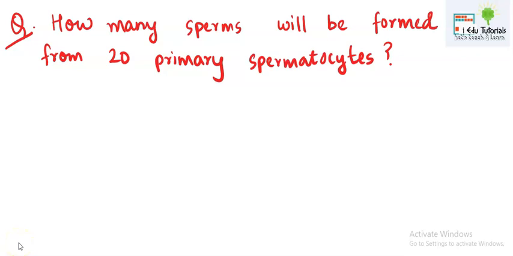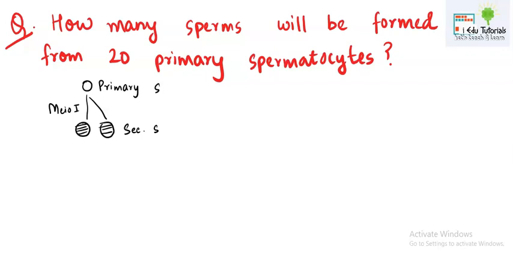Now in this question it has been asked how many sperms will be formed from 20 primary spermatocytes. So once again I am explaining the concept. You have taken one primary spermatocyte. It will undergo meiosis 1 and how many secondary spermatocytes will be formed? 2. So these are our secondary spermatocytes and this is one primary spermatocyte.